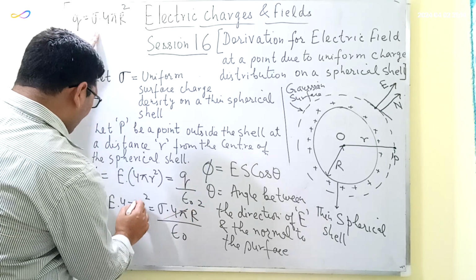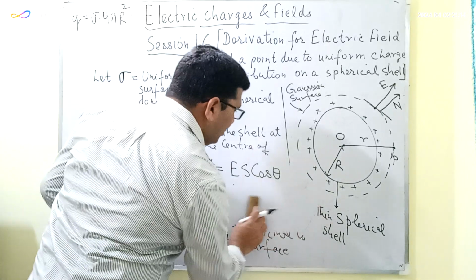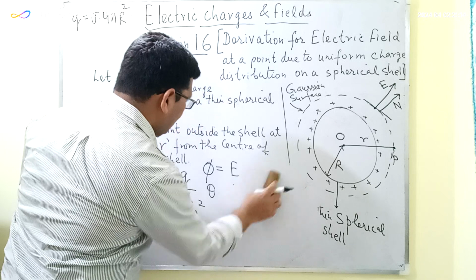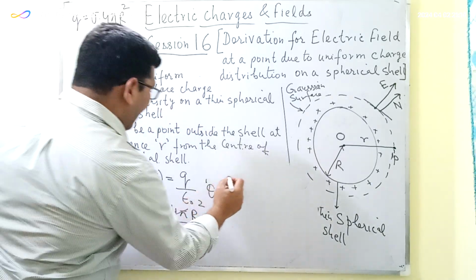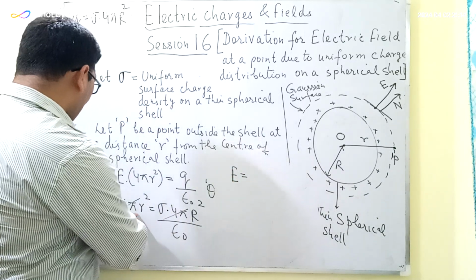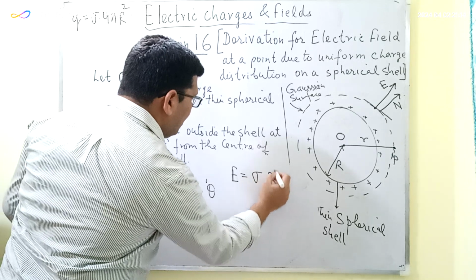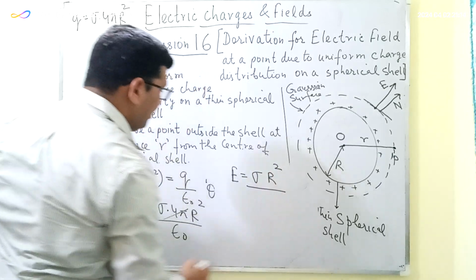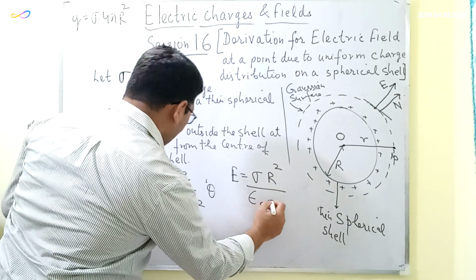From here, this 4 pi and 4 pi will get cancelled out. So the value of E will be equal to sigma R square divided by epsilon naught into r square.